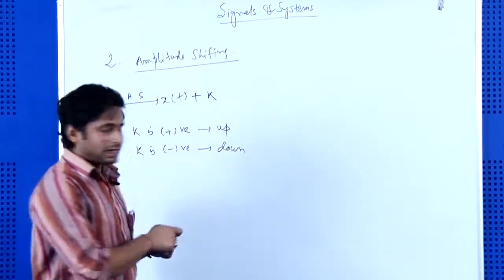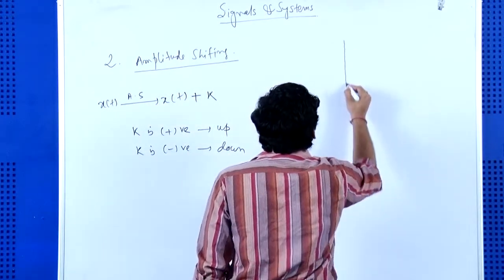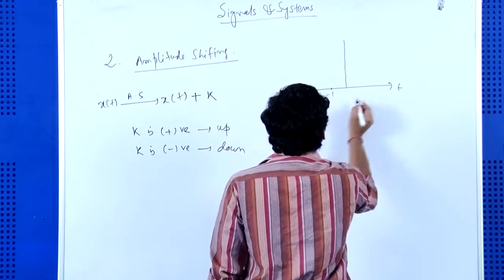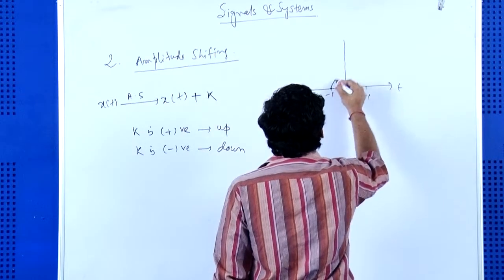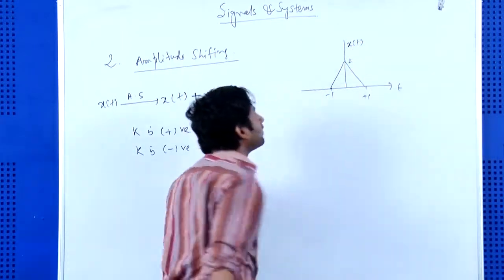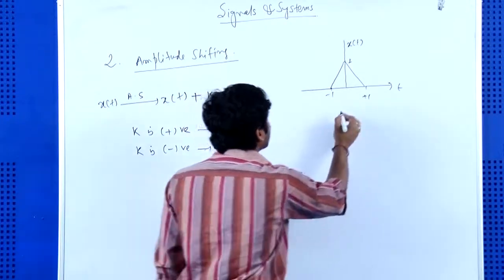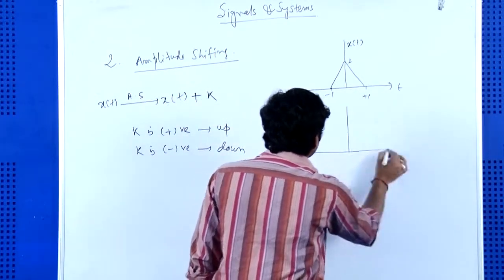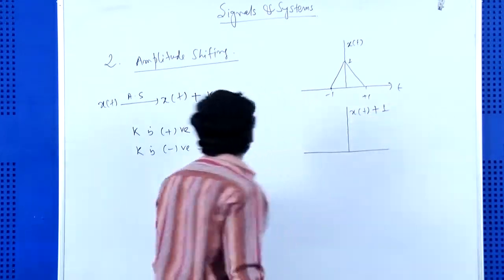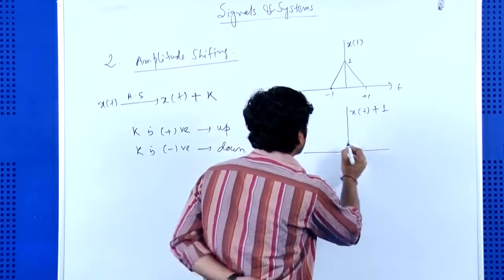Now, let us consider an example. So, this is the t axis, minus 1, plus 1, this value is 1, this is x(t). So, this is our given continuous time signal x(t). Now, we will check the amplitude shifting property. Let us say we want to shift it upward, so x(t) + 1.